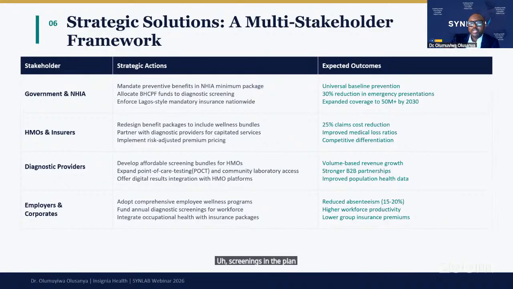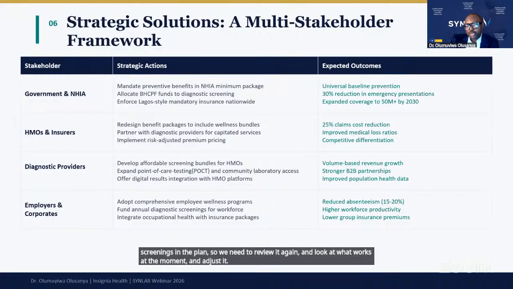So we need to review it again, look at what works at the moment, and adjust it. Also, allocating BHCPF funds for diagnostic screening is very important. And also enforcing mandatory health insurance across the board. If we're able to do this, we're able to achieve a universal baseline for prevention.